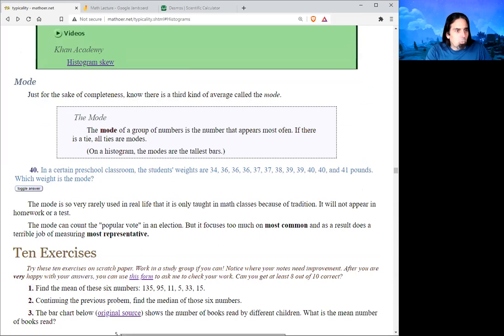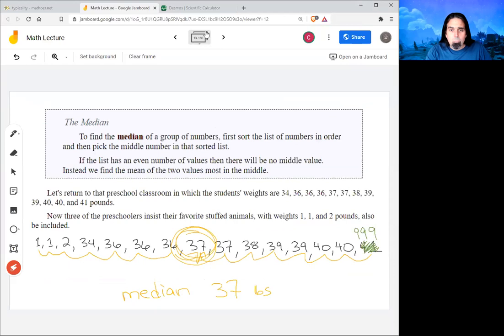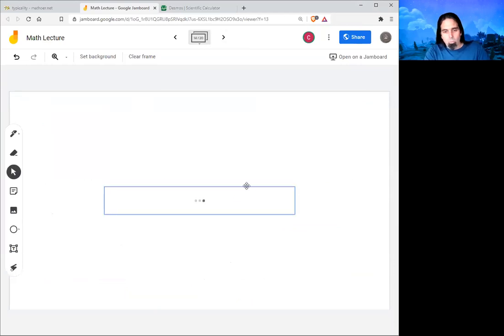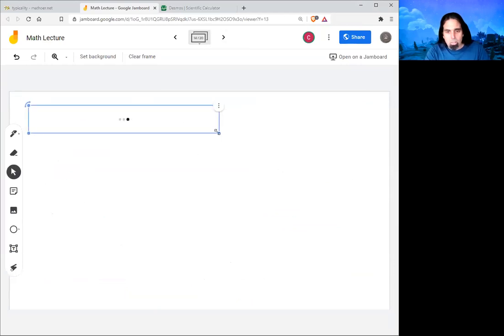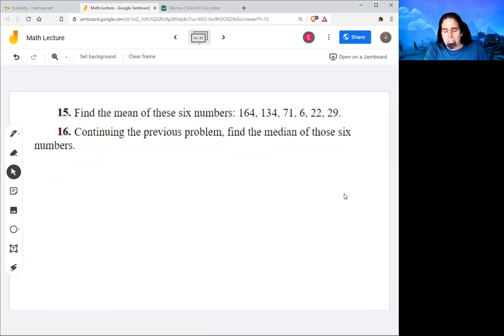So what we had before was finding the mean of 6 numbers. We added them up and divided by how many. Let's find the median of them also. So the smallest one was 6 in our list, and then 22, 29, 71, 134.